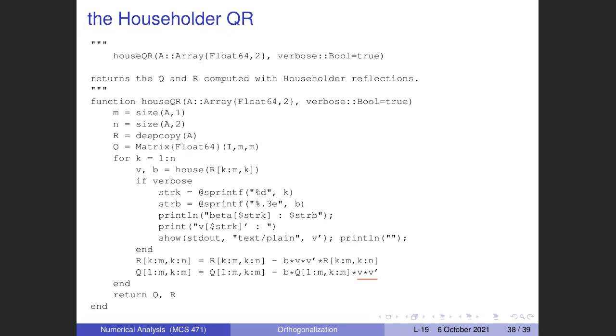If you would use this algorithm to determine the cost, you would say, well, this is a very terrible algorithm, because V times V transpose is actually a matrix. And here you do a lot of matrix-matrix multiplication. This is not a good formulation. So one should be careful with analyzing the cost with this. But with Julia, or also following the MATLAB notation, this algorithm is very shortly defined.